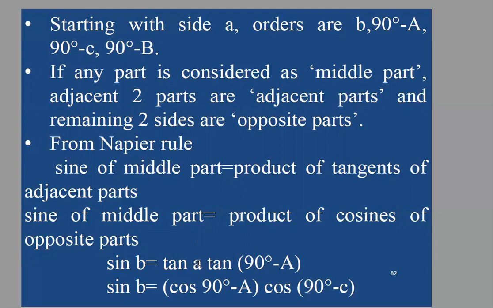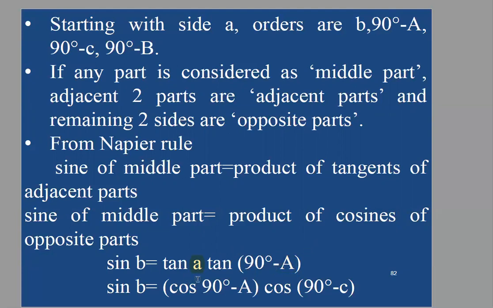While I am saying a and A, you should see that one is small a, the length of the arc, and the other is capital A, the angle opposite to it, that is the angle of the spherical triangle.